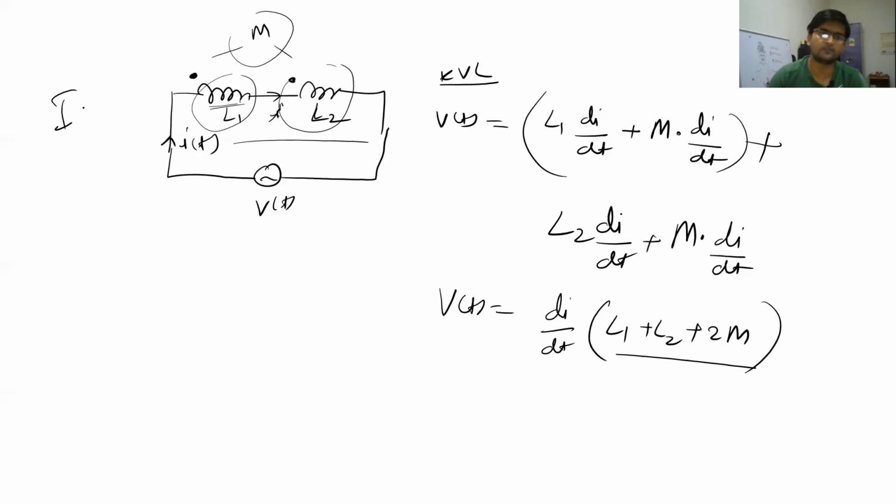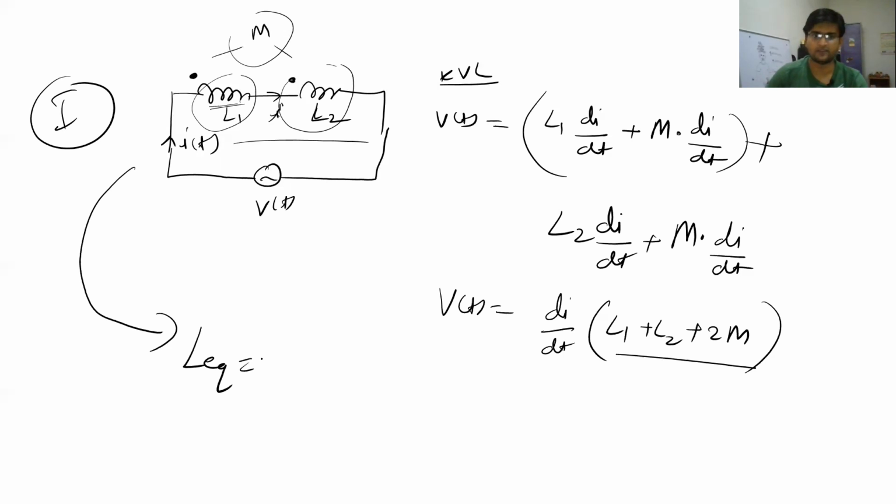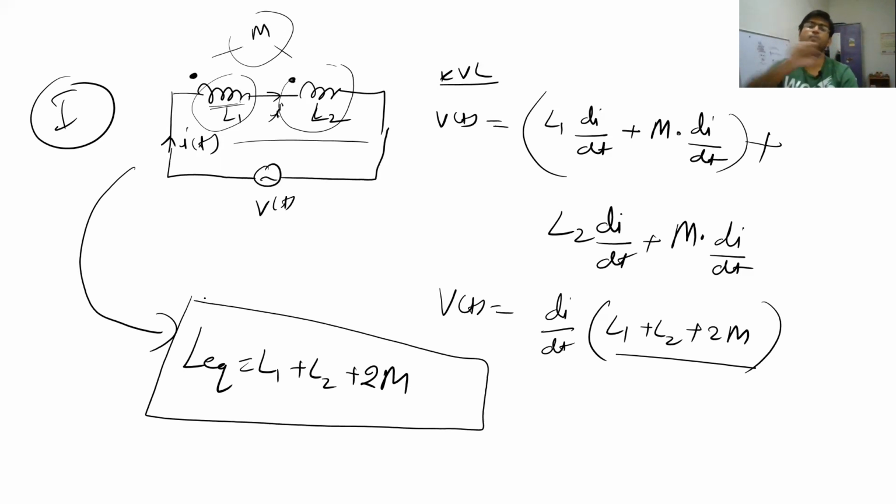So for case one, a series circuit like this, you will have L equivalent is equal to L1 plus L2 plus 2M, not 1M, 2M, you remember this, because the mutual inductance is caused in both the windings because of the other winding.